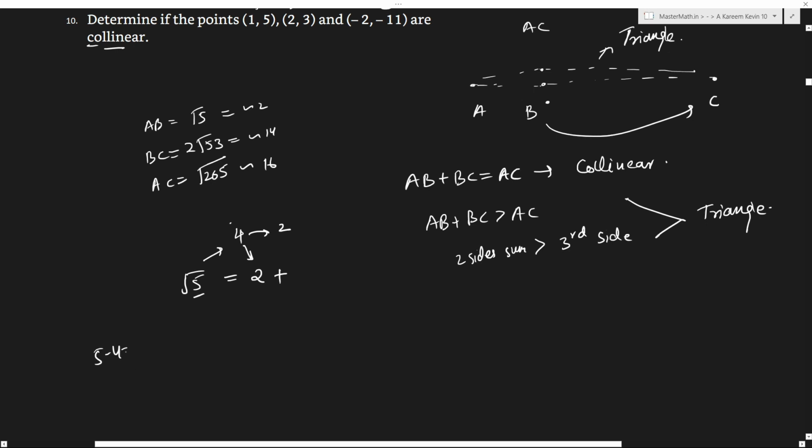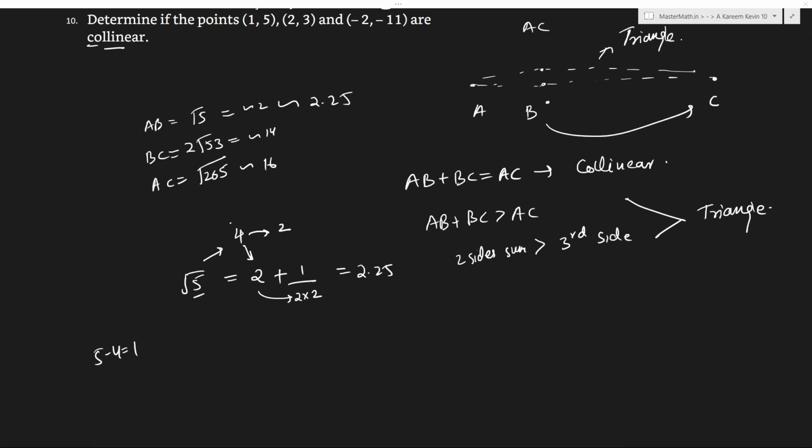So 5 minus 4 is 1. So we'll write 1 divided by twice of this number, which is 4. 1 by 4 is 0.25, so 2.25. This is the value of root 5. Again, this is not very precise, but it is 95% accurate. So that would help us.